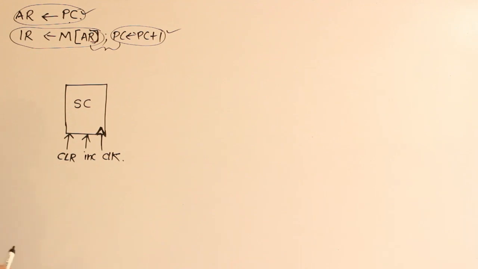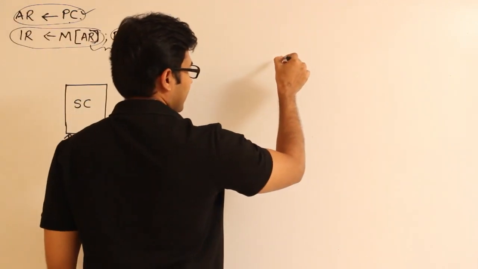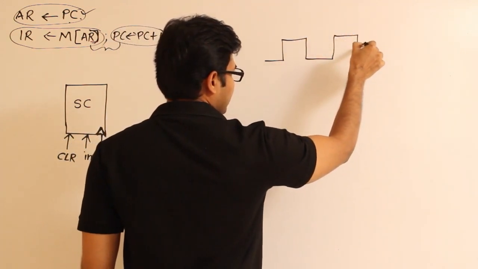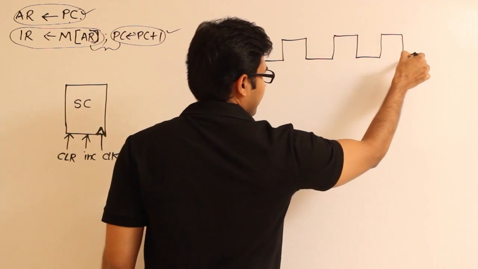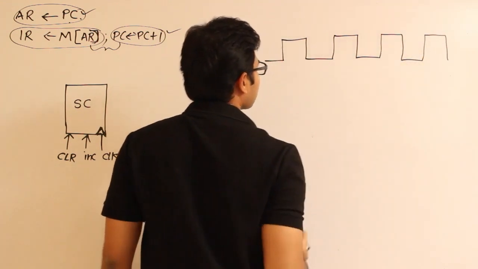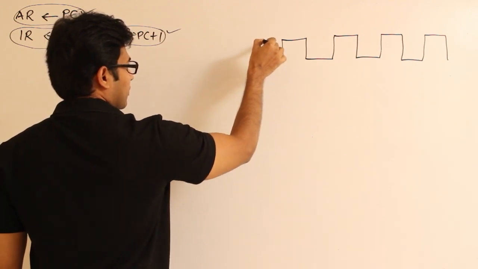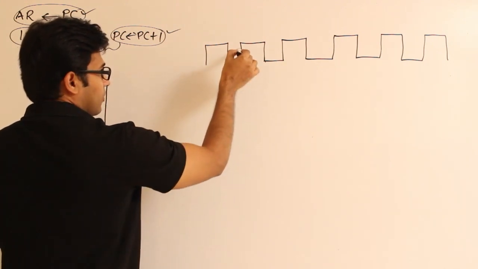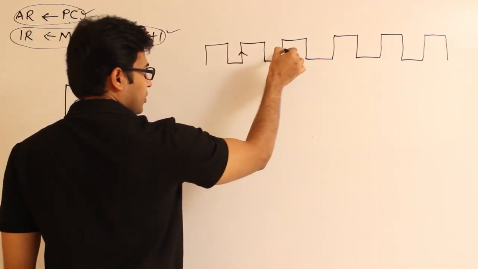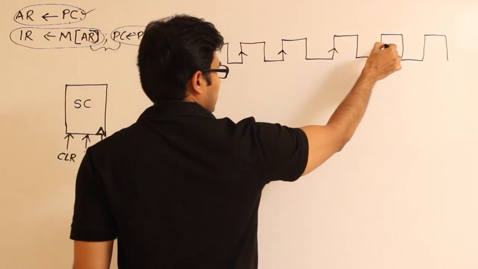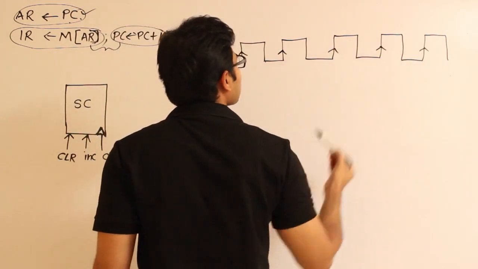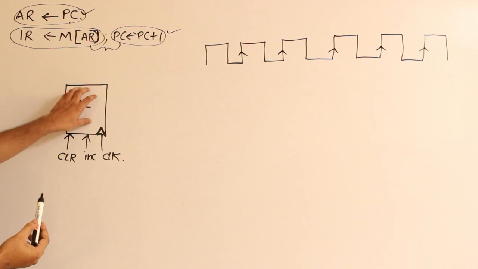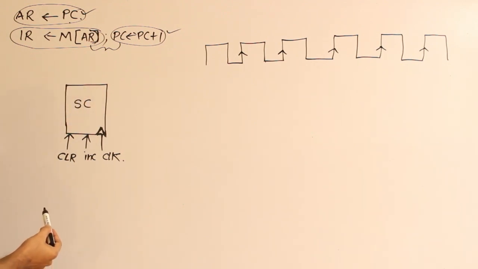So if you are having clock signals like this, this one is a positive edge, positive edge, positive edge, positive edge, positive edge. At those points, this particular sequence counter is going to increment the count. That is the meaning of positive edge triggered.